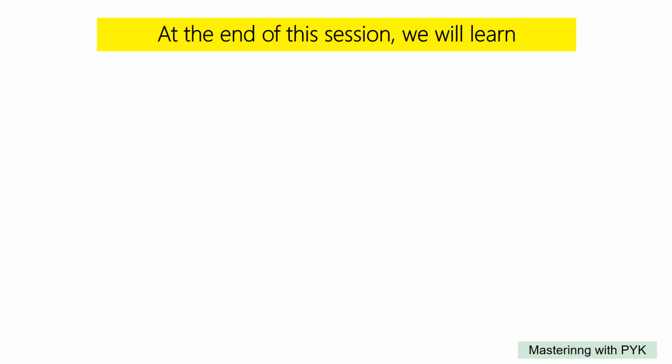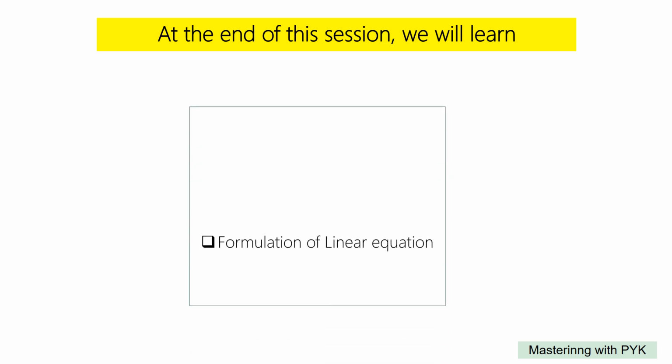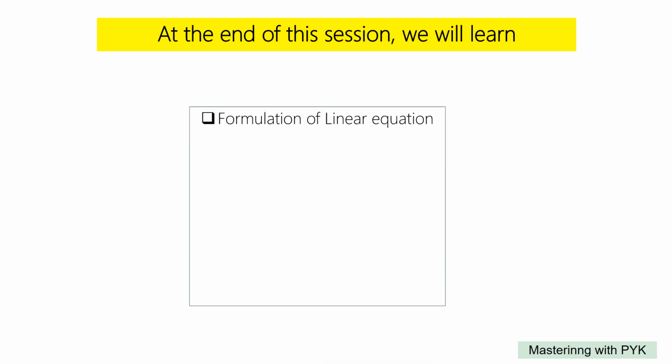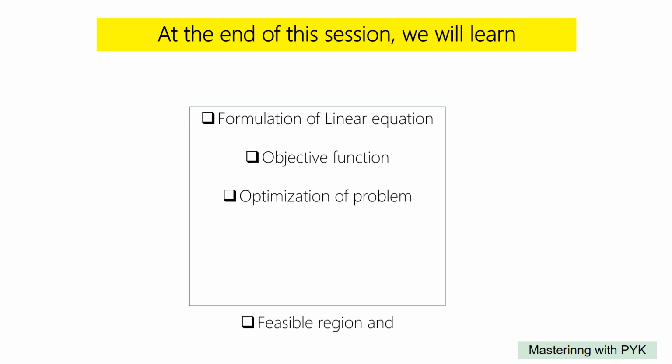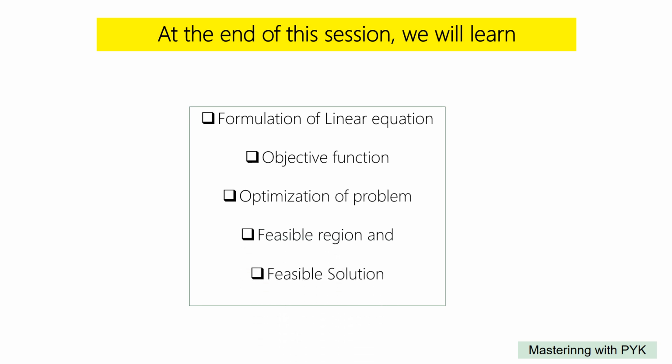At the end of this session, we will be learning how to formulate a linear equation, what an objective function is, optimization of a problem, the feasible region and the feasible solution. We know by definition what the linear equation and the objective function are.